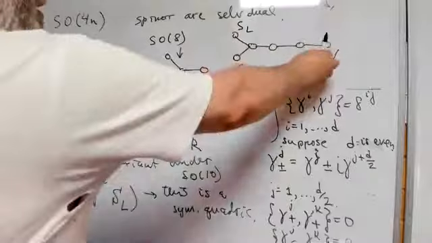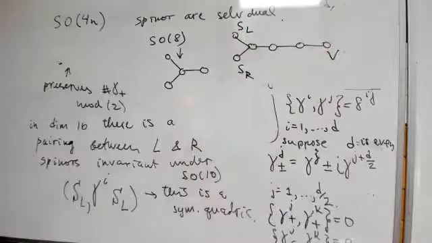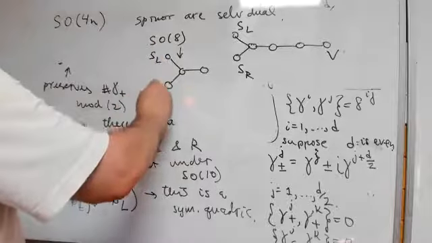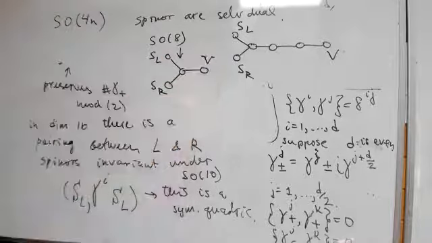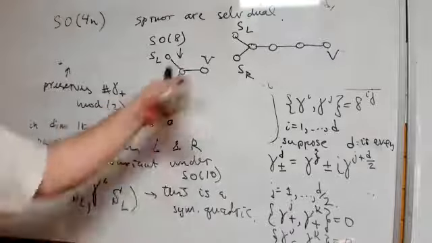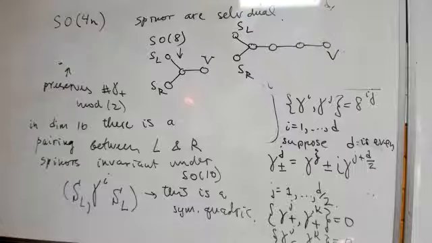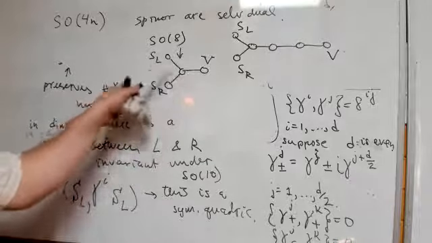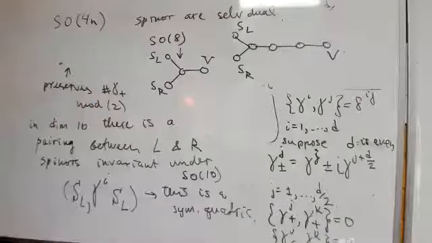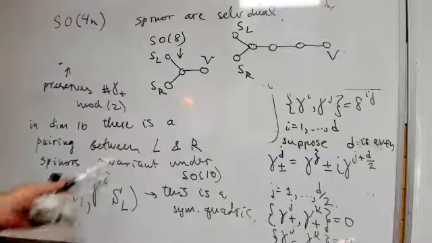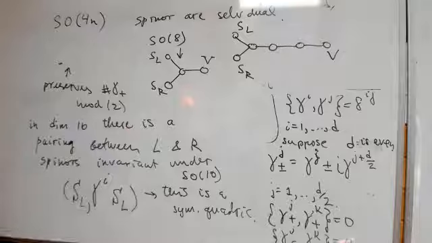The vector representation is obviously self-dual. You see, here we have the symmetry of the diagram. Because of the symmetry of the diagram, we can easily see that left spinors are also self-adjoint and right spinors are also self-adjoint.